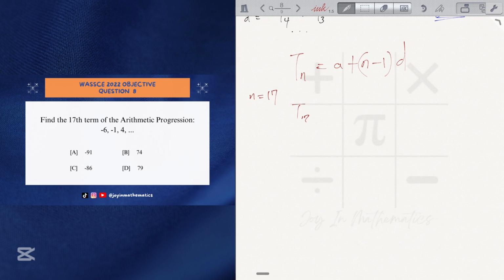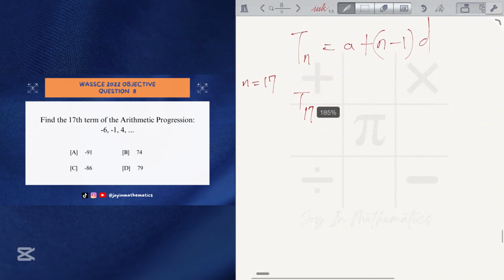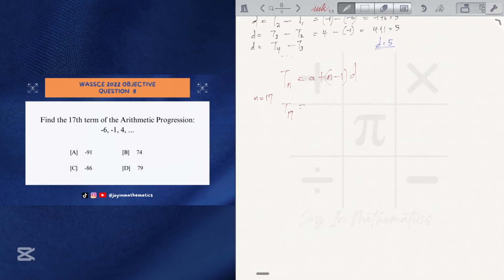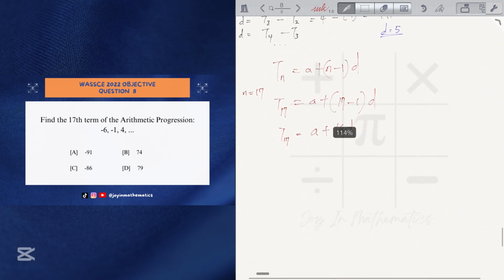T17 is equal to A plus (17 minus 1)d. So in view of this, T17 is equal to A plus 16d. So this is the formula we are using.